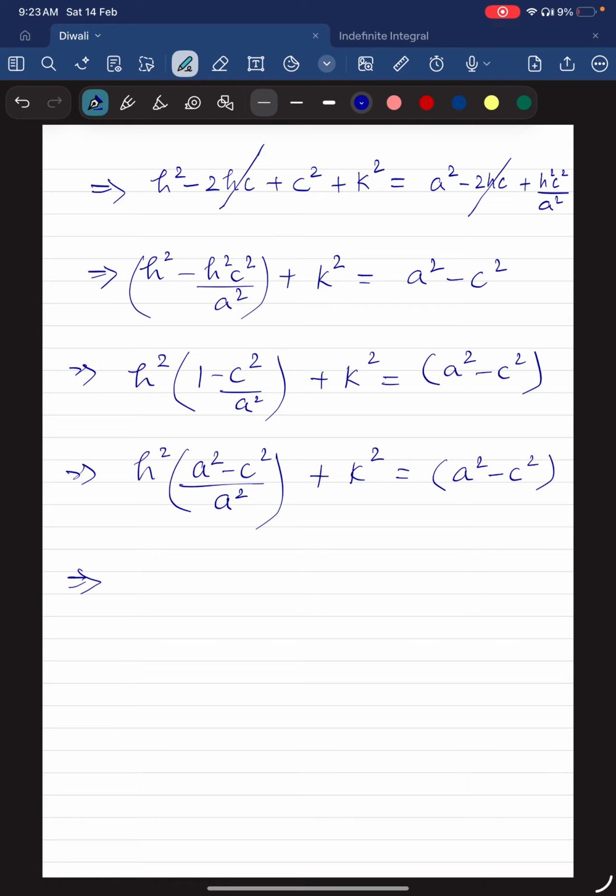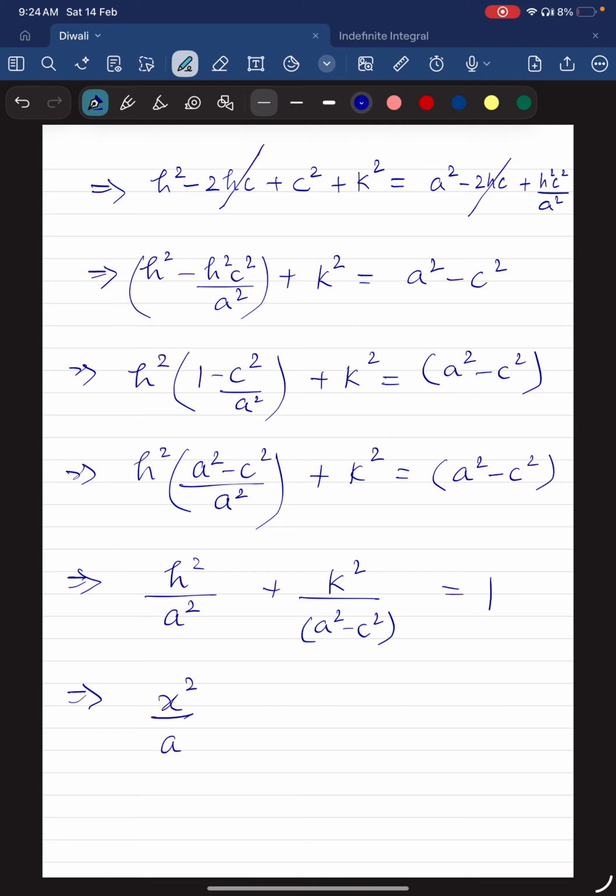Finally, I'm dividing this complete expression with A square minus C square. Then I'm left with H square upon A square plus K square upon A square minus C square is equal to 1.